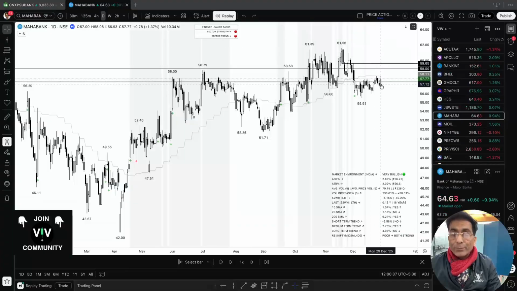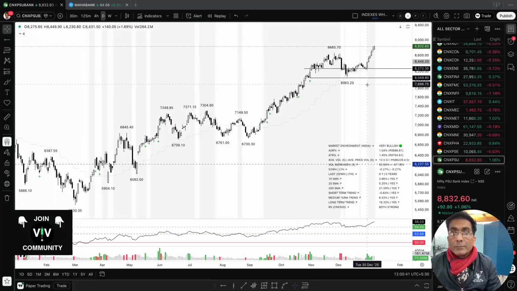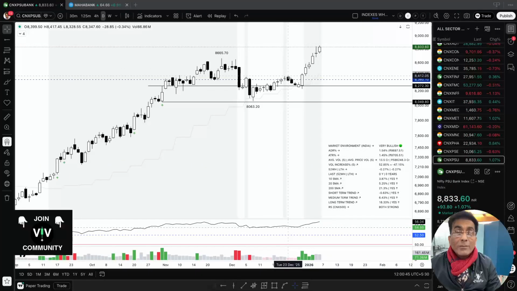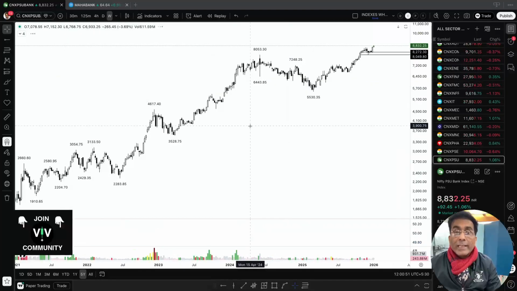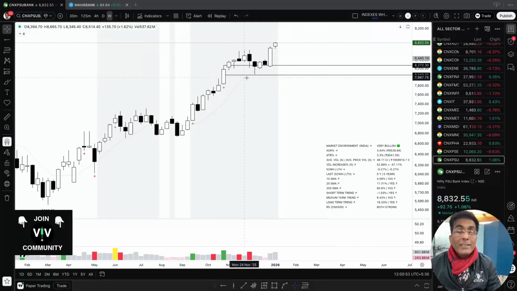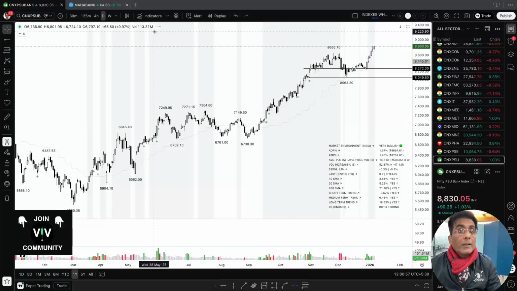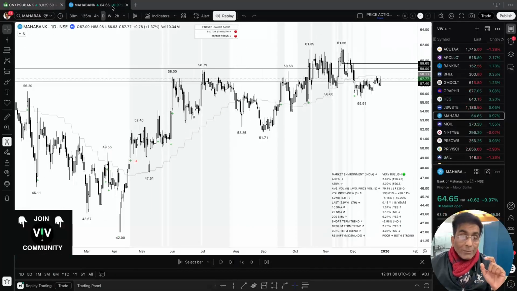This was the day, almost 29 December. In the short term, the index was weak. There was no background on the daily chart, but if we look at the weekly chart, it was showing strength, right? So in the short term it was weak.